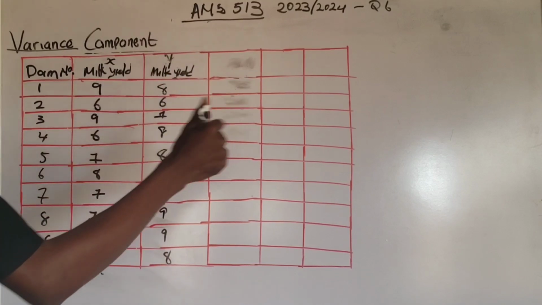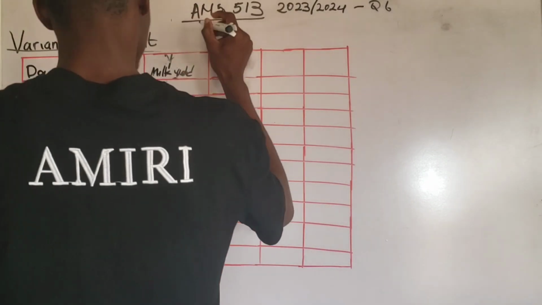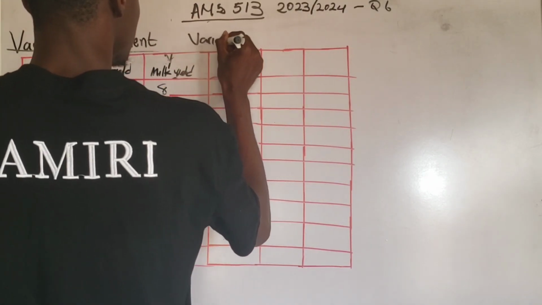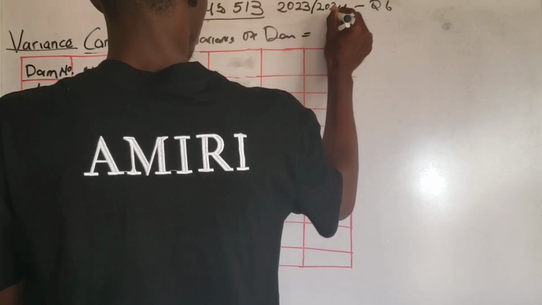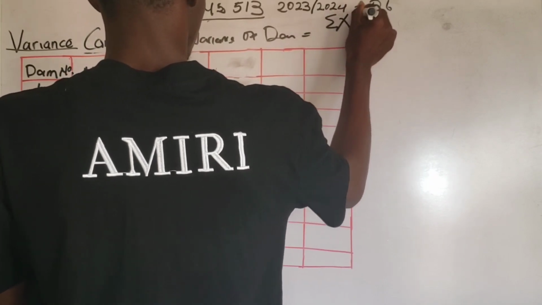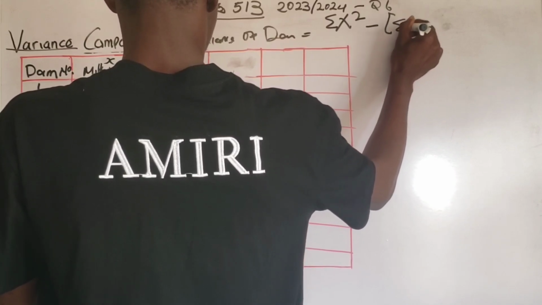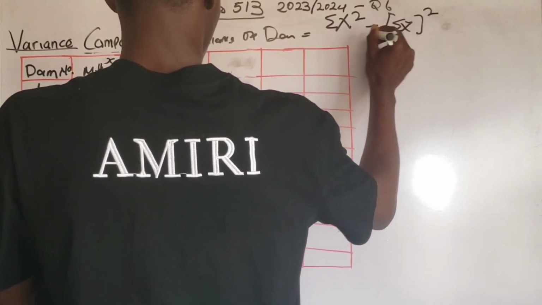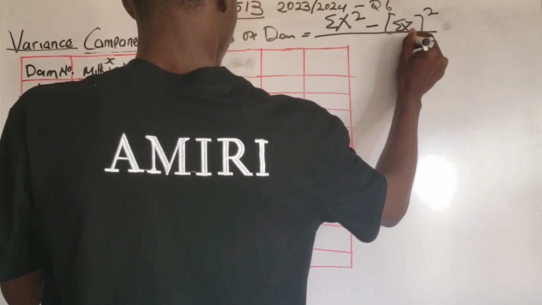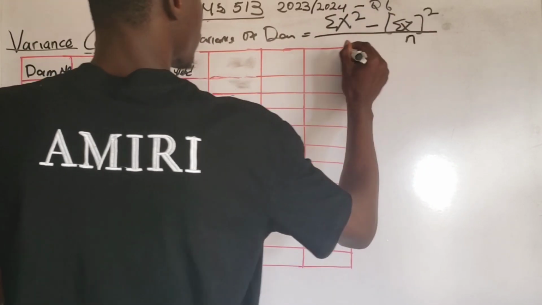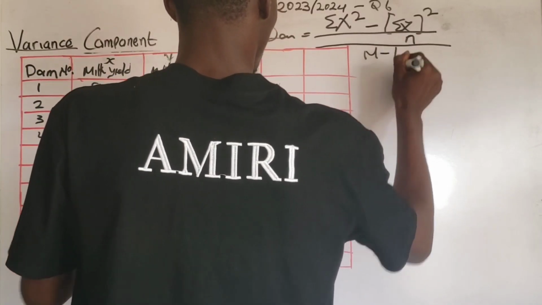The formula to find the variance of the dam's milk yield is: variance of dam is summation x squared minus open bracket summation x raised to power 2, divided by n, then all divided by n minus 1.